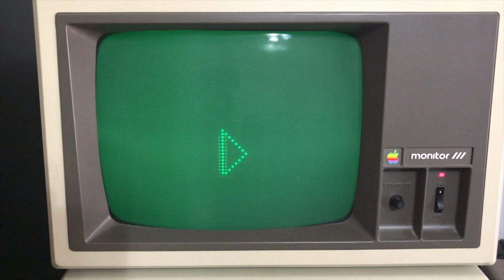We saw also things like AppleWorks have their roots in the Apple III. On the hardware side, the Apple III monitor, which you can see here, was still used on Apple IIs. It was a very good monitor, so they sold it and Apple II owners bought it.